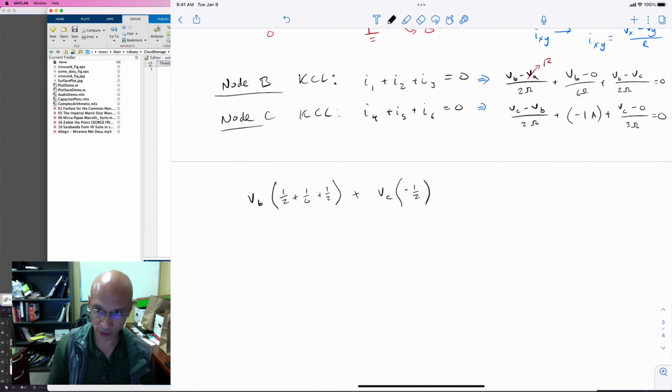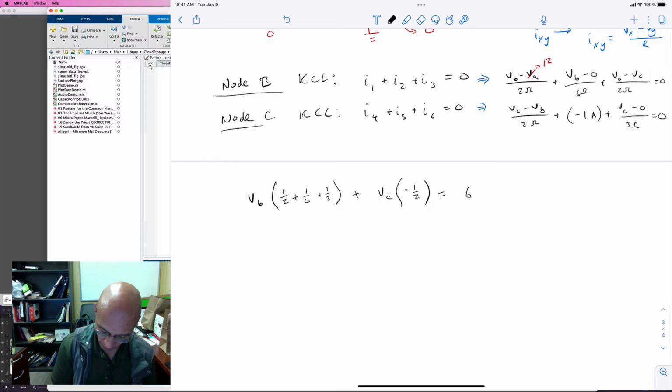Notice that every term here has units of amps because it's voltage divided by resistance. So this negative 12 divided by 2 is a negative 6, but when we push that to the other side of the equation, it's a 6 amp quantity.